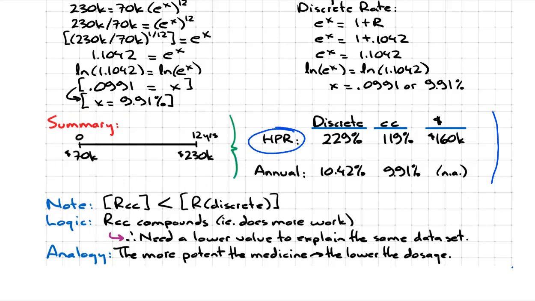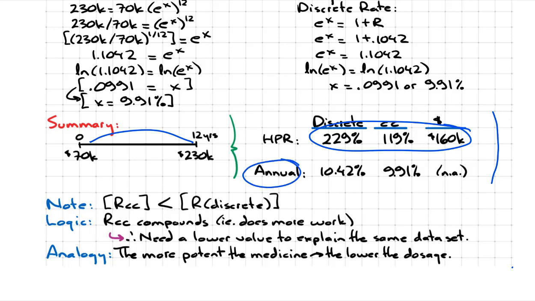Suppose we're looking at holding period return. Over the 12 years, if you assume no compounding, that results in 229%, but with continuous compounding, it's 119%. And over the holding period, the dollar return was 160,000. This doesn't facilitate comparison because these are rates earned over 12 years. So in order to facilitate comparison, can you tell me what the performance was on an annualized basis?